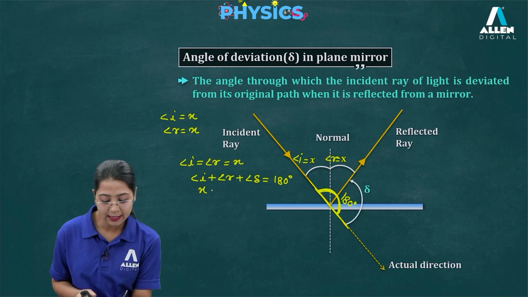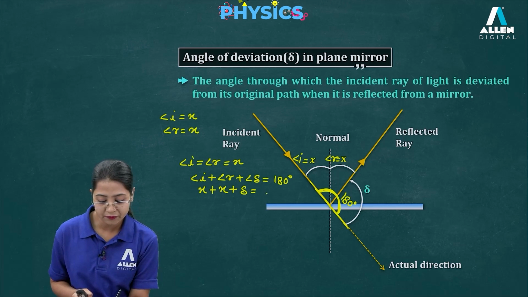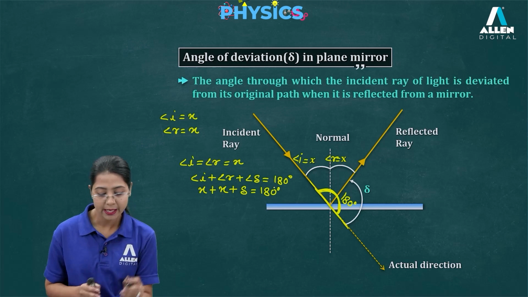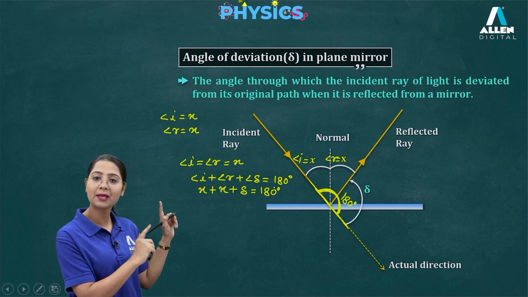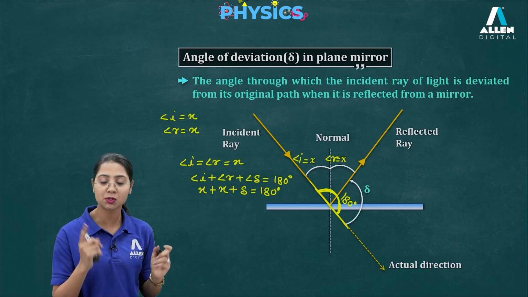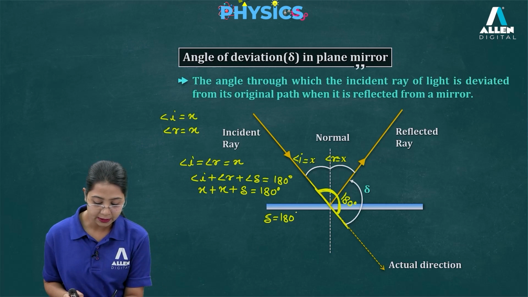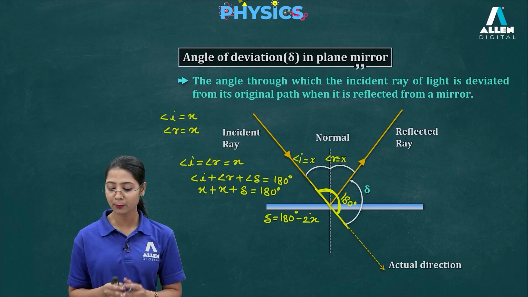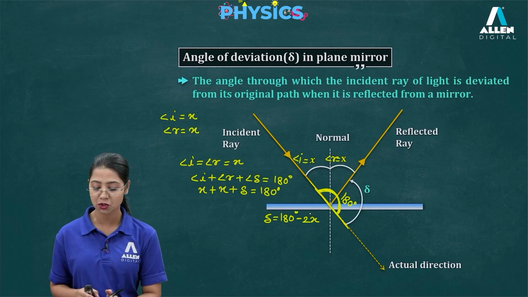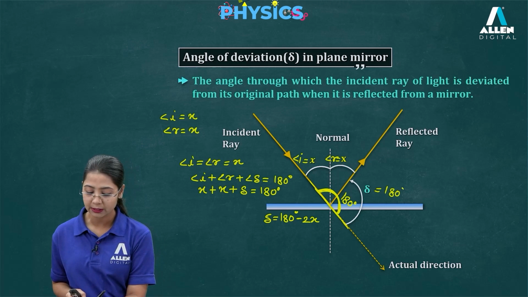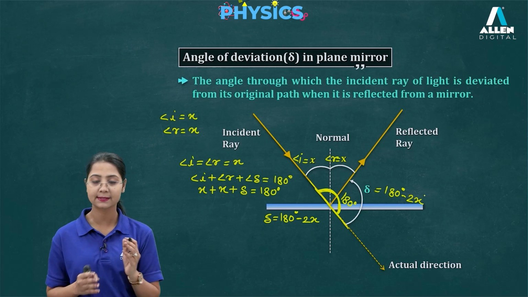Now angle I is X plus angle R is X plus del, which we have to find, is equal to 180 degree. X plus X, 2X, 2X will go to that side, it will become minus 2X. So del will be 180 degree minus 2X. Okay. So the formula to find the angle of deviation is 180 degree minus 2X.